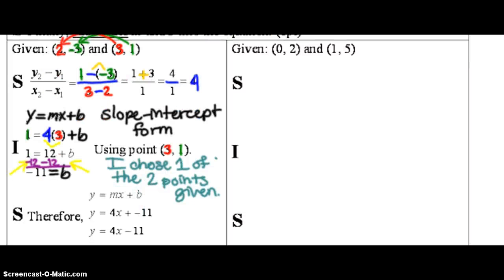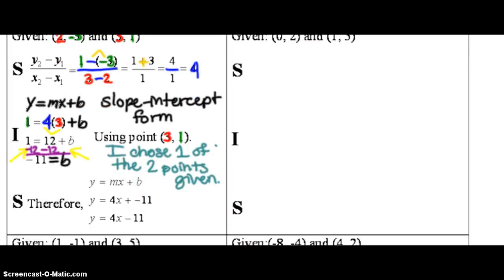Finally, my last step is to substitute. If I'm going to substitute, make sure you substitute correctly. I have to make sure that my slope is 4 and my y-intercept is negative 11. This is where we often make a mistake. Sometimes we put the wrong value into the wrong place.